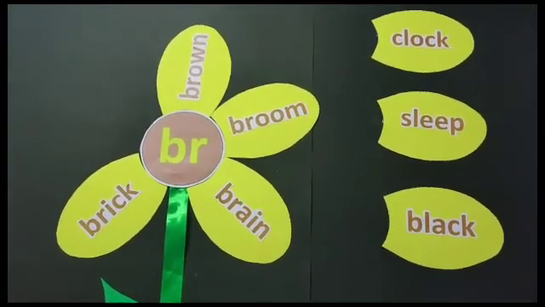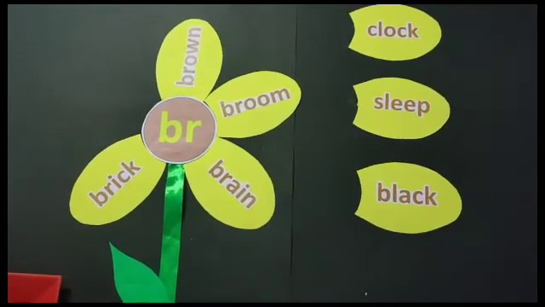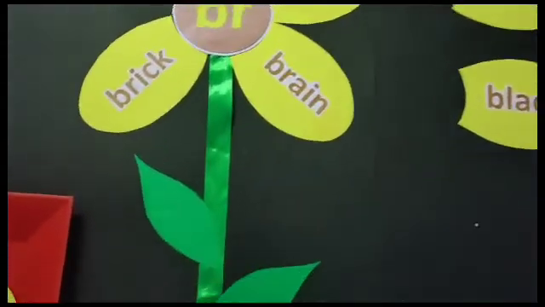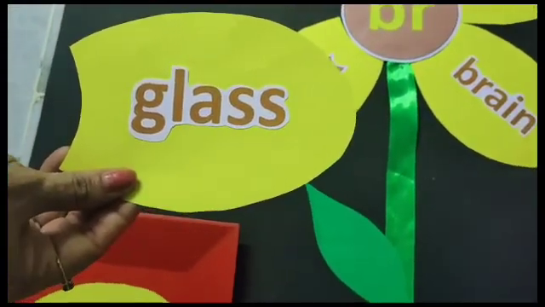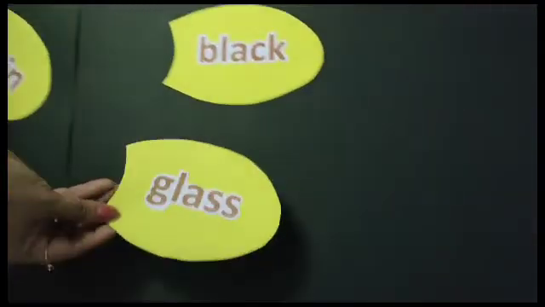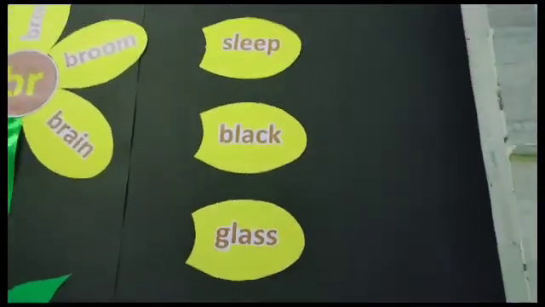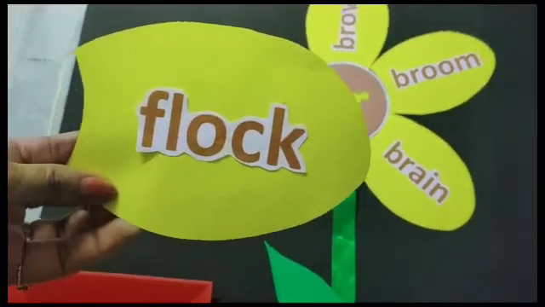See children, our flower is almost complete. Our next petal has glass written on it. Br glass? No br sound. So, on the side it goes. Then, we have the word flock written on this petal.